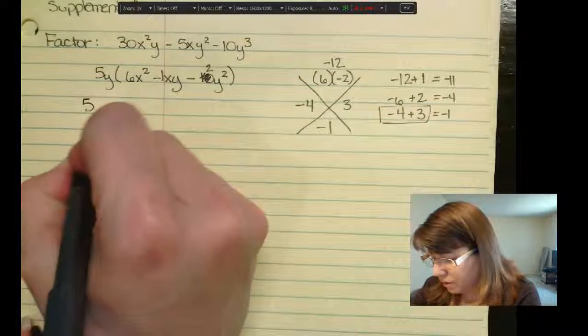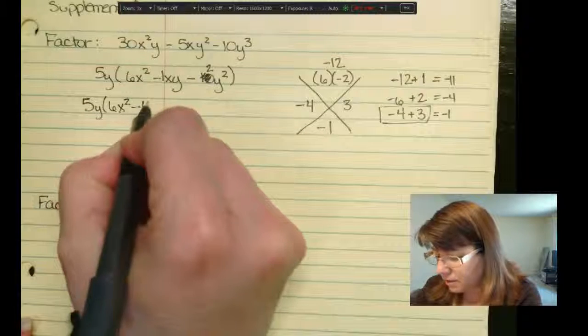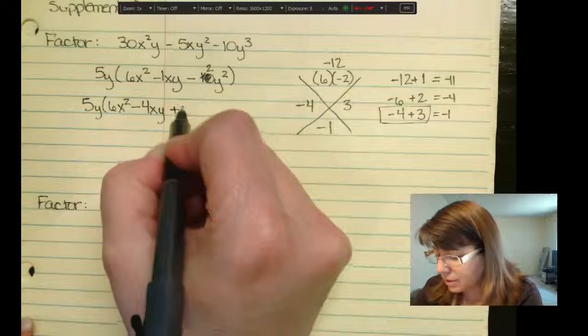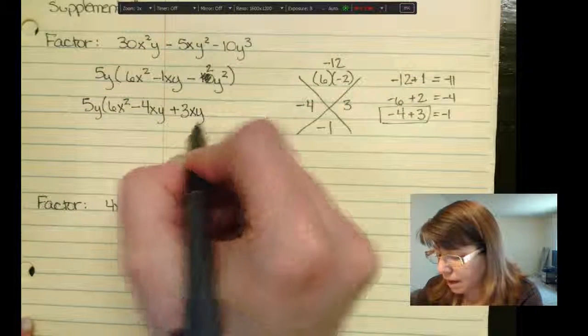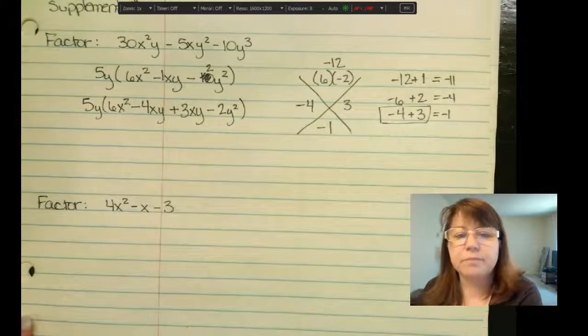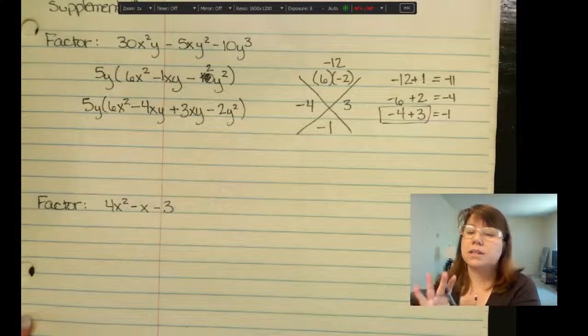So 5y, 6x squared minus 4xy plus 3xy minus 2y squared. You may have thought, well, this doesn't look easier. It is. It's a lot easier.